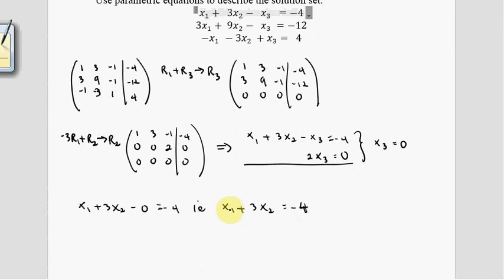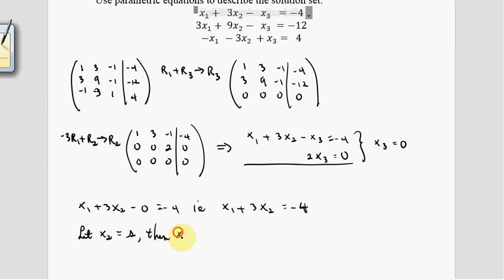Right. So this is one equation, but I have two unknowns, right? x sub 1 plus 3x sub 2 is equal to negative 4. So what I'm going to do is let x sub 2 be the floating parameter, just be the free variable. So x sub 2, we'll say let it equal to, let's say, s. Yeah, s is fine. Doesn't matter. So let x sub 2 equal s.